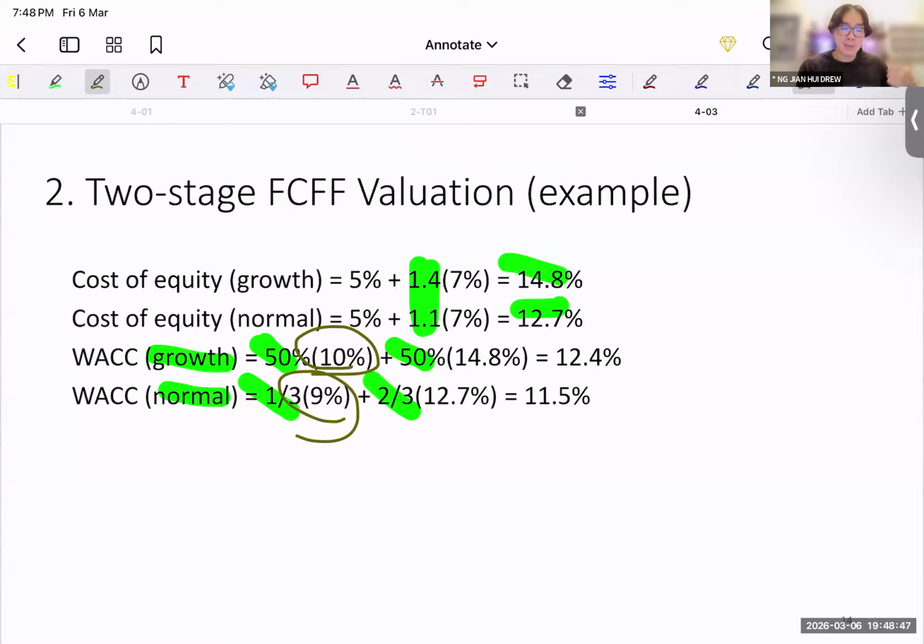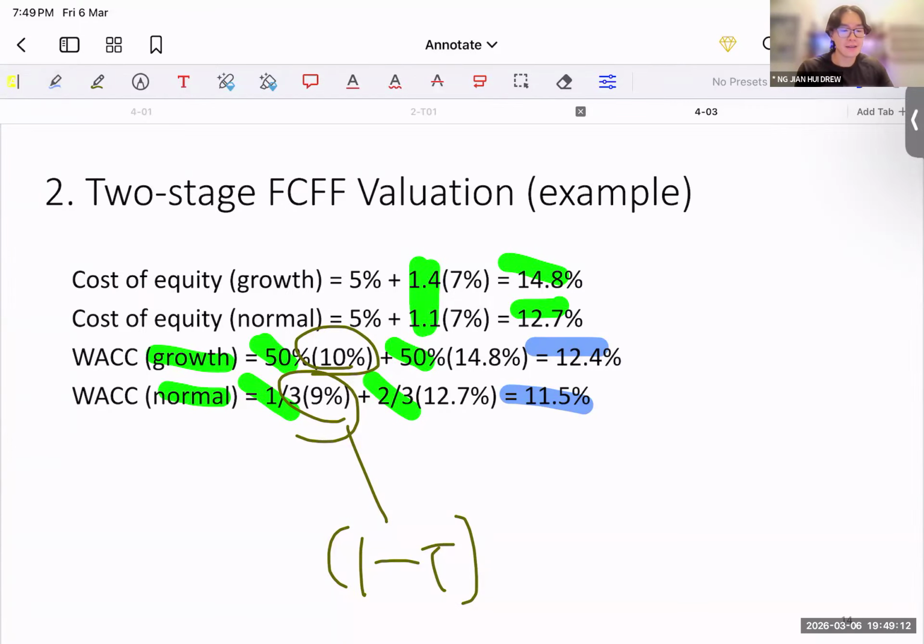The 9 and 10% is already after tax, meaning that you don't need to take 1 minus T, because it has been taken into account. And we determine that the WACC is 12.4 and 11.5.